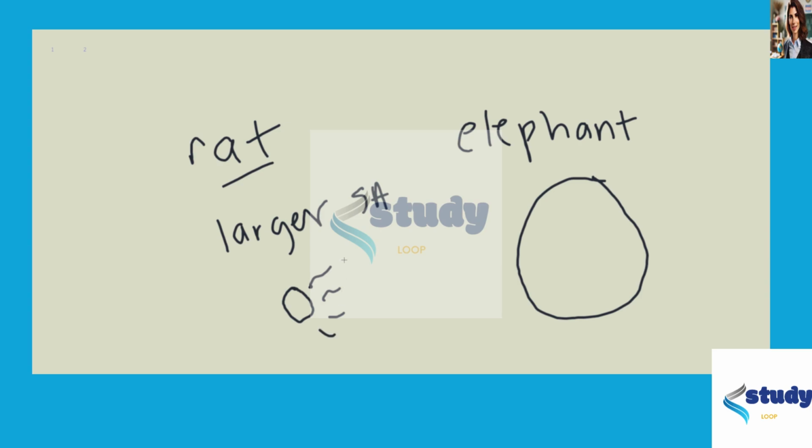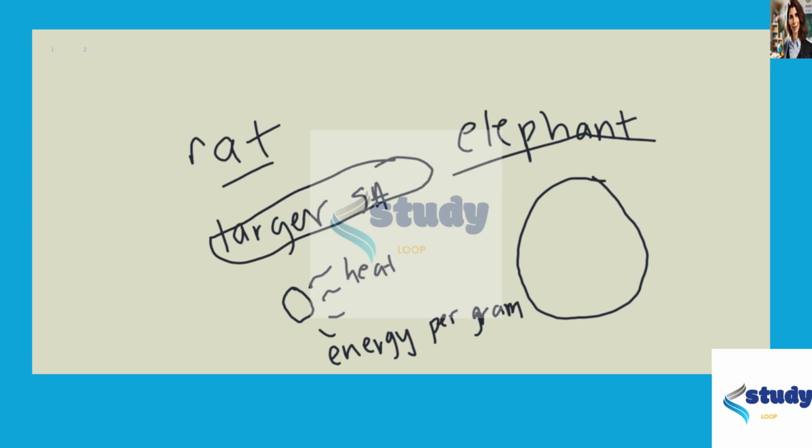And so if you're losing heat, then you're going to need more energy per gram to stay alive. So for that reason, we know that elephants have a smaller surface area and rats have a larger surface area. And basically, smaller endotherms have a larger surface area than larger endotherms.